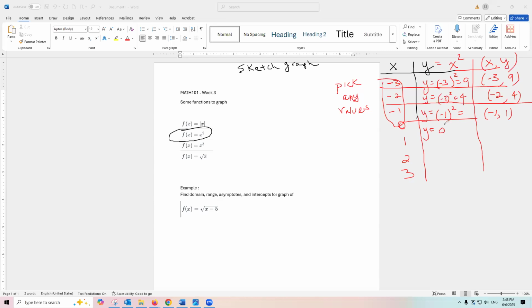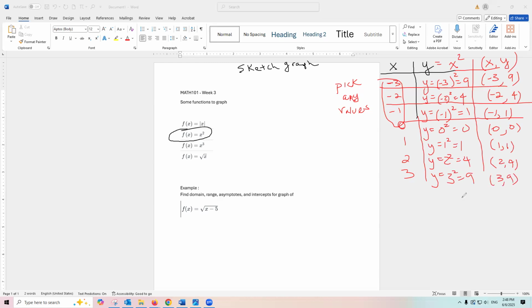When x is 0, 0 squared just stays 0. So this is going to be 0, 0. And 1 squared is 1. 2 squared is 4. And 3 squared is 9. All right, so this row is a 1, 1. Here's a 2, 4. Here's a 3, 9.